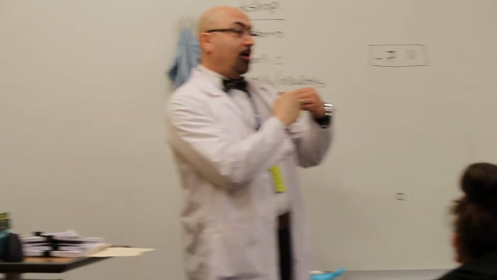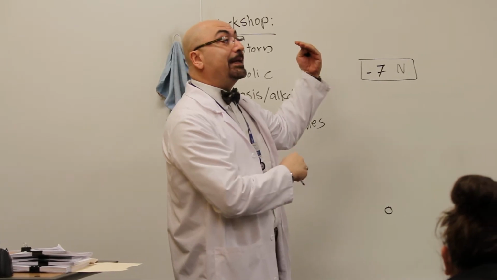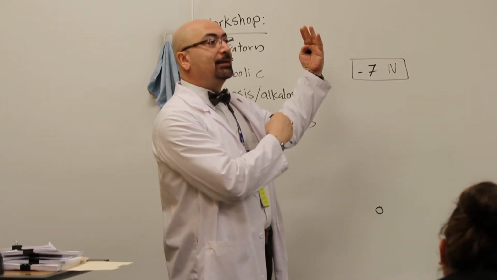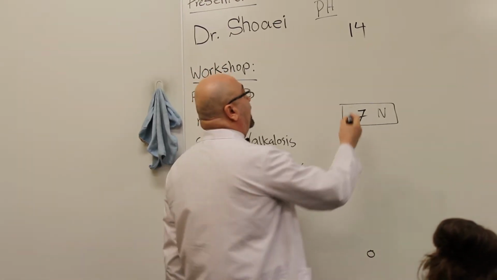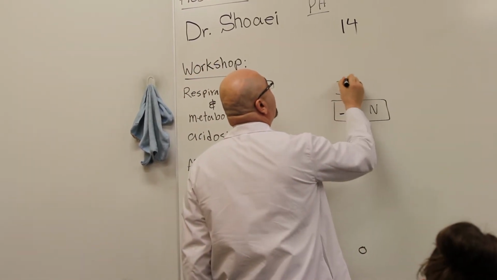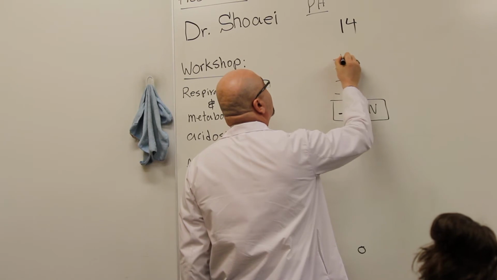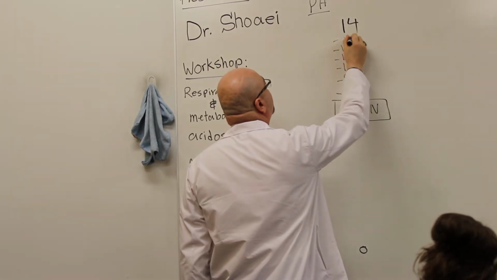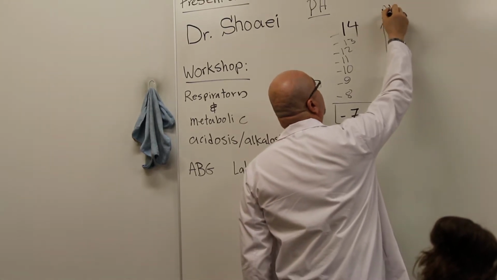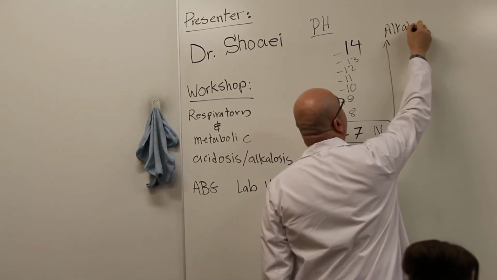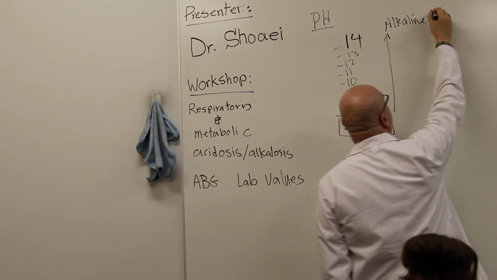If you go from 7 towards 14, you're moving towards alkalinity or becoming more basic and alkaline. So you would have 8, 9, 10, 11, 12, and 13. So moving this way, you're dealing with alkaline or base.